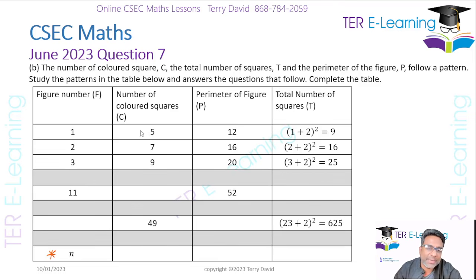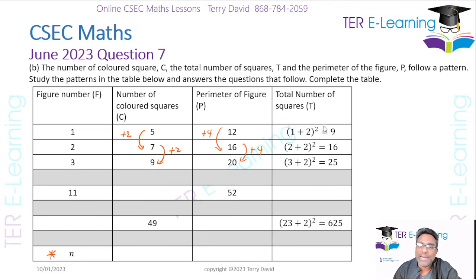Now, let's see what's happening here. When I jump from 5 to 7, I'm adding 2. When I jump from 7 to 9, I'm adding 2 as well. In this case, you're going from 12 to 16, so you're adding 4, and then from 16 to 20, you're adding 4. Normally when a constant number is being added, that's going to appear in your formula somehow.